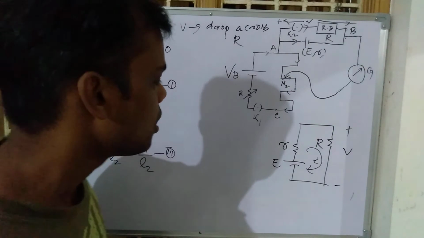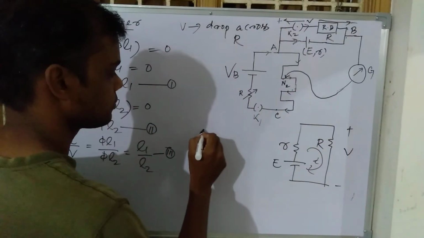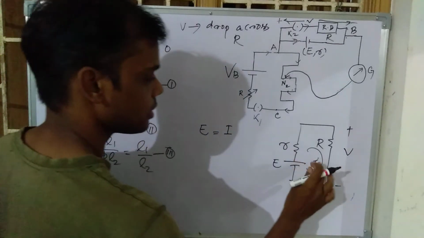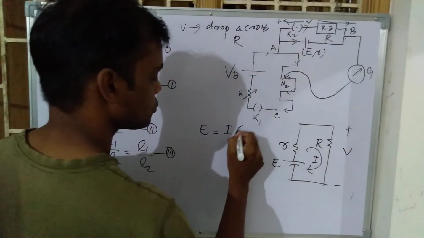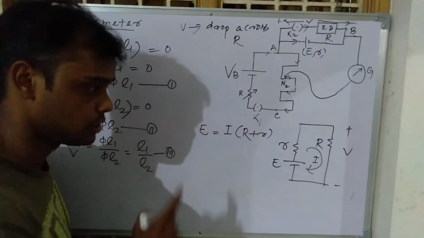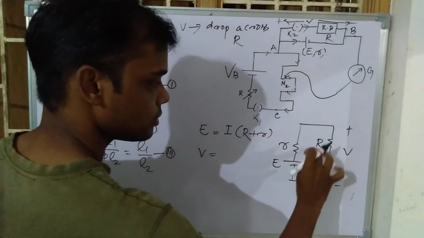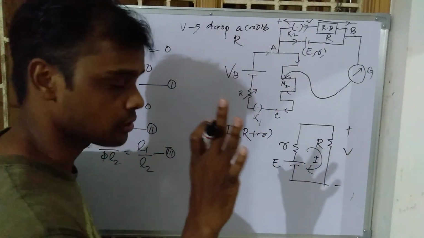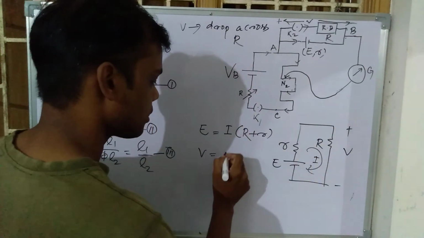What were the equations of these cells? One equation was E is equal to I, where here I is capital I, not a small i, into R plus r. This was the equation. Now one more thing I can write also. V is equal to simply IR. Recall the equations. I am not going into detail in this class. V is equal to IR.